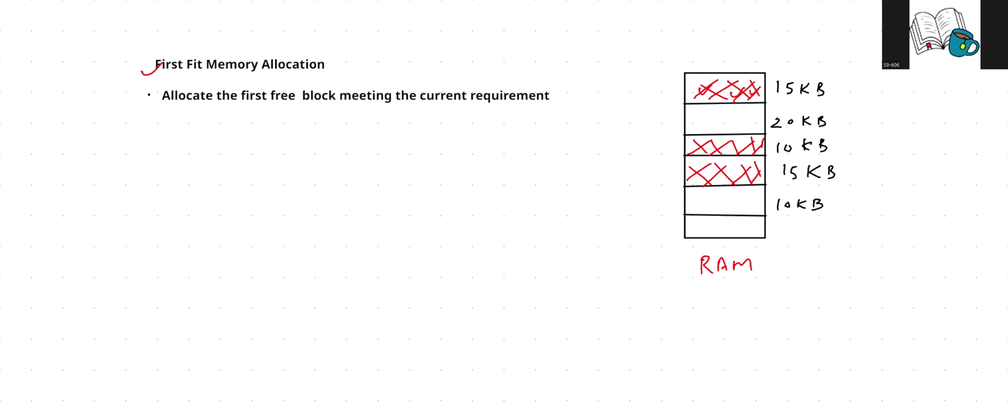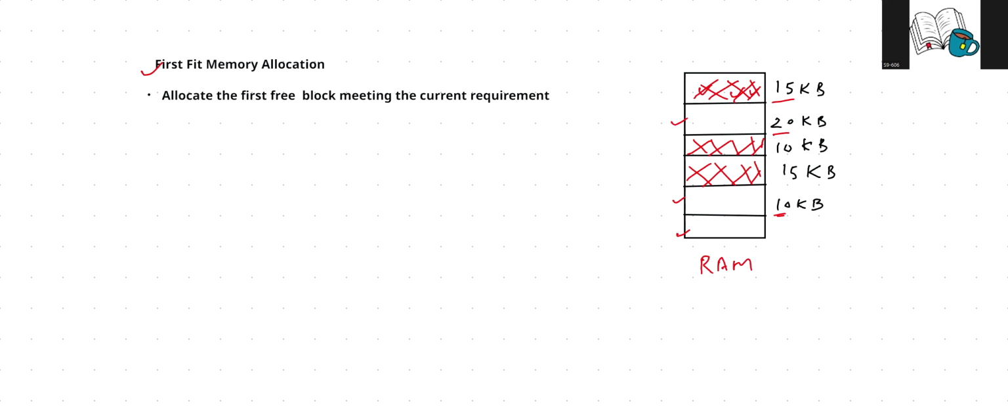So the only blocks we can allocate to new processes are the ones shown as empty. The size of each block is shown adjacent to the block. The first block which is already allocated was of 15 KB size. The second block is of 20 KB size. Similarly, we have some other blocks, where this block is of 10 KB size.